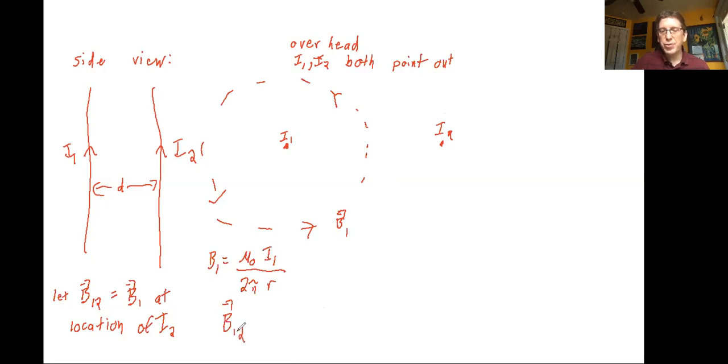So the magnetic field due to current 1 at I2 is equal to mu naught I1 over 2 pi d. Remember, they're separated by a distance d. And we'll call that j hat, because we'll set up x, y directions like this.